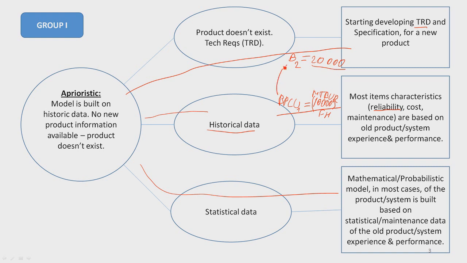Sometimes it's not enough just to change a couple of elements, for example, diodes, resistors, transistors, or whatever, to reach this number. What we need to introduce here is new technology. Okay? New technology to reach these 20,000 flight hours.